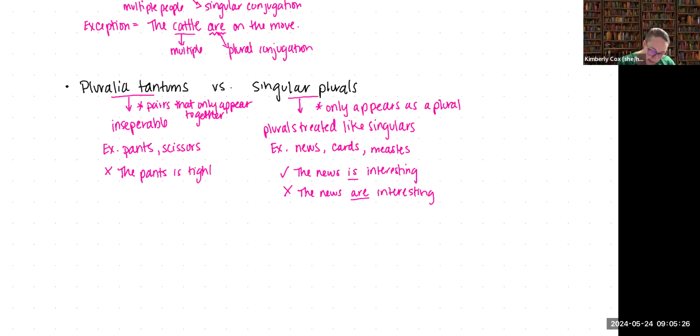We would say the pants are tight. So in this case, they are treated as a plural, even though they only ever appear together almost as a singular. So these are kind of fun examples of nouns. Just be aware that even though we have proper and common nouns, there are different forms that nouns can take as well.